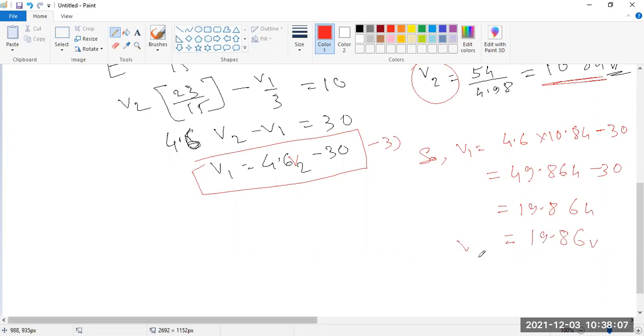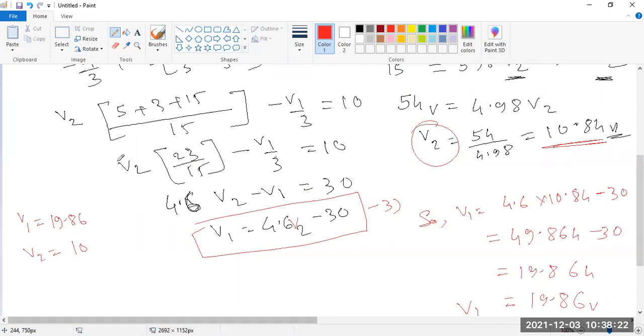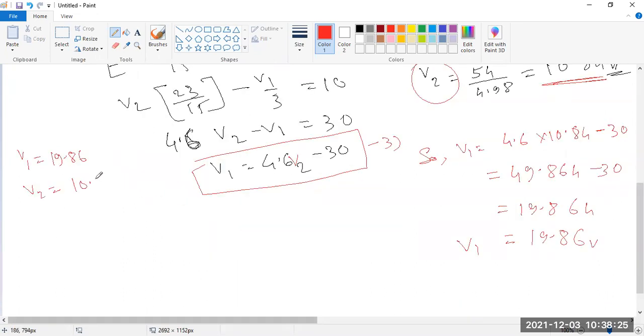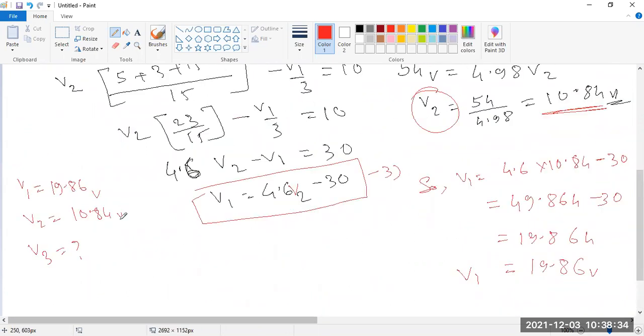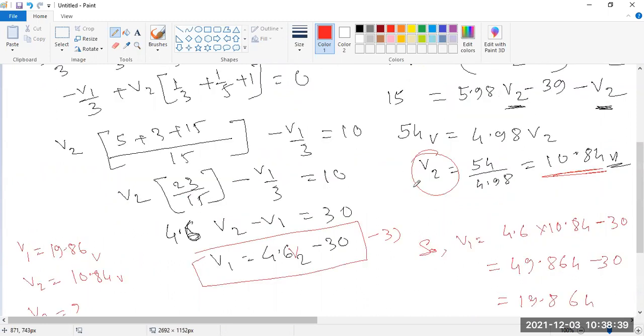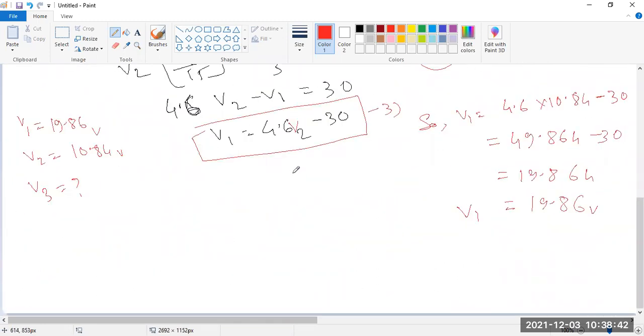Okay, so you get the V2 value and V1 value. Just write down over here: V1 equal to 19.86, V2 equal to 10.84. Now we have to find this V3. What is V3? V3 was 10, you know, V3 over there in this circuit.